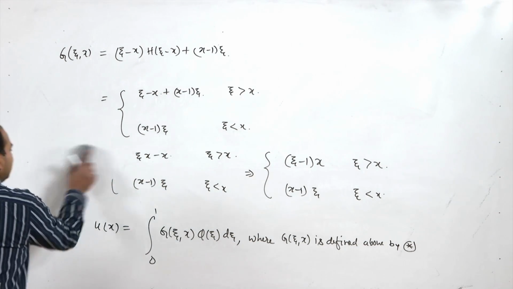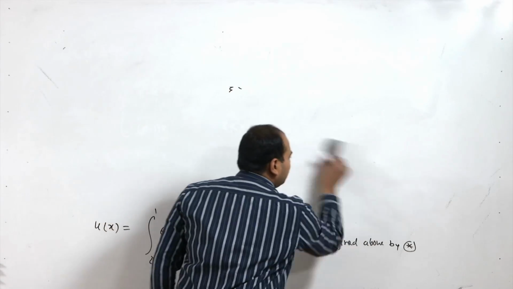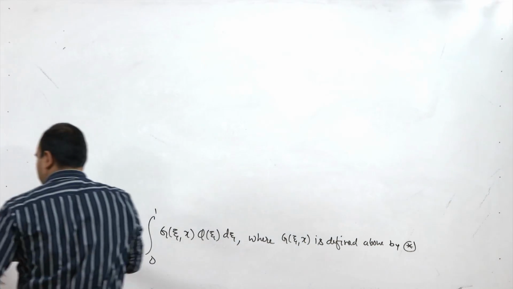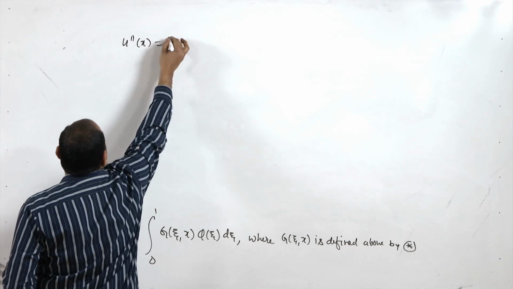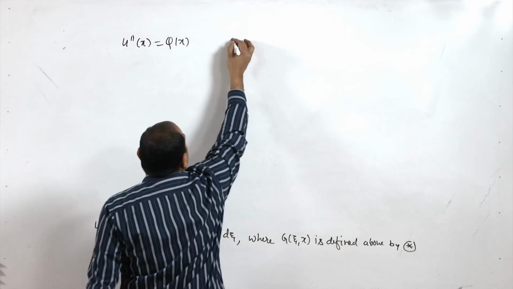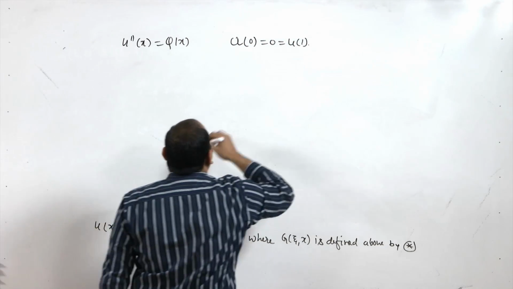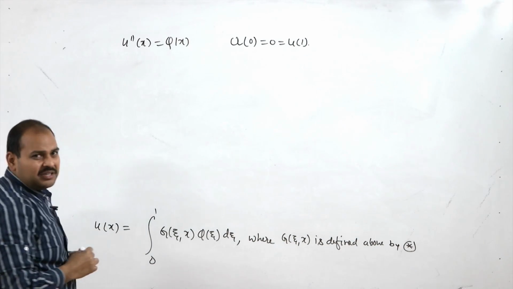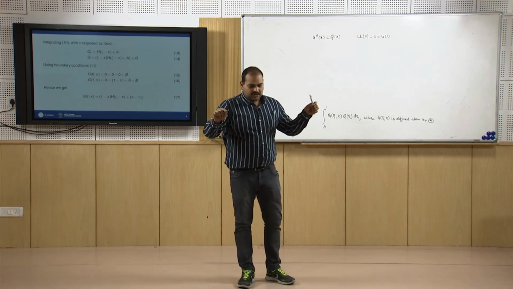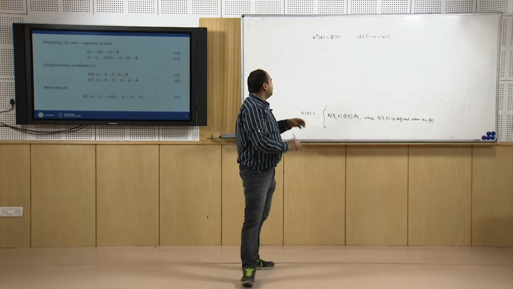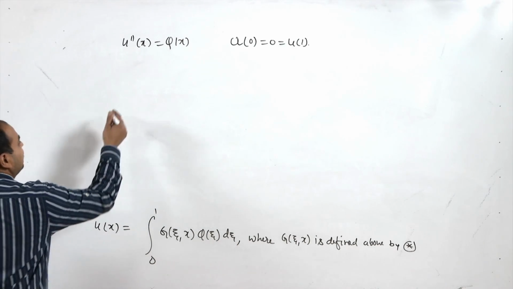Now here we have a very interesting interpretation of g(xi, x). If you remember, in the beginning we started all this for solving this particular problem, u double dash x equal to phi of x with u of 0 equal to u of 1, and here we simply said that this u(x) is nothing but static deflection from the equilibrium position under the force phi of x. But when we calculated our g(xi, x), then it is what?